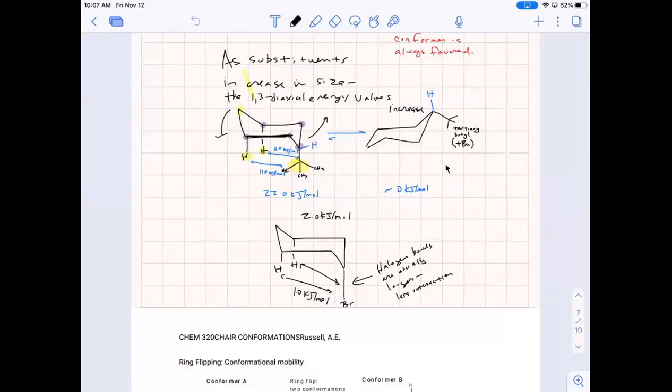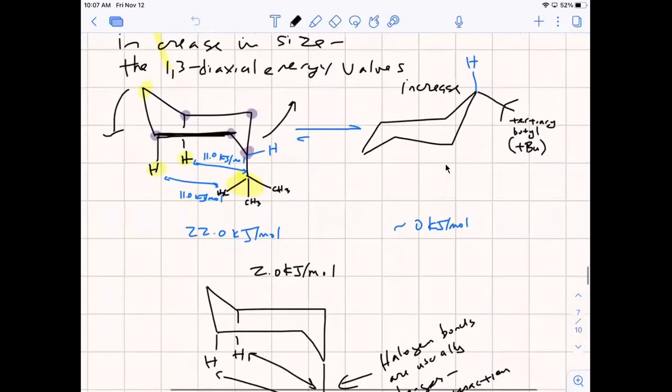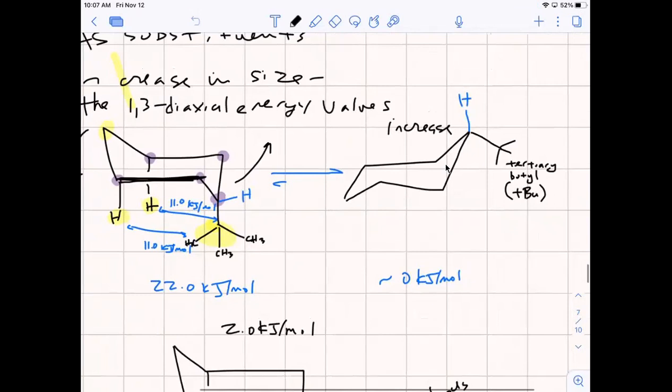All right, so where we left off was chair conformations, and we were talking about the equilibrium, because these conformations are in equilibrium. It's just that the extent of equilibrium is what matters. So the more stable conformation, like the one I showed with the tert-butyl group, is going to be present in a higher amount.